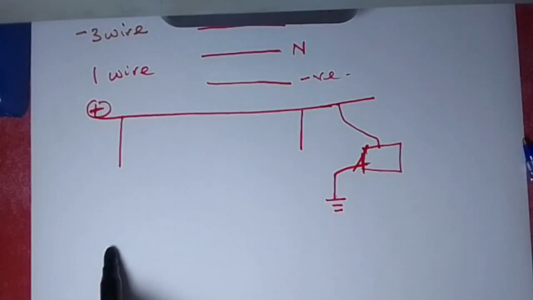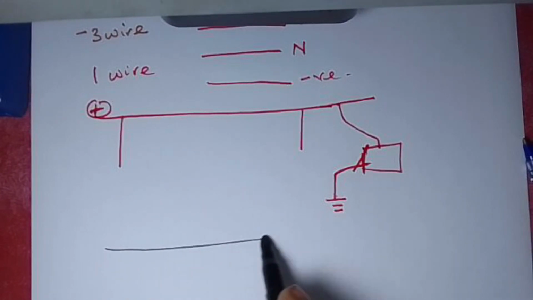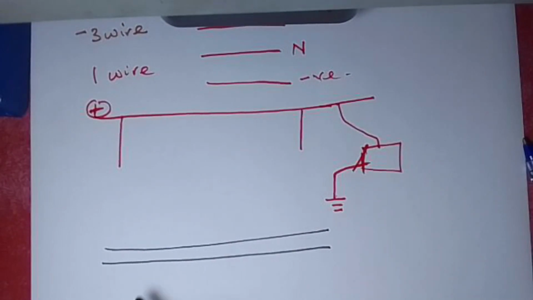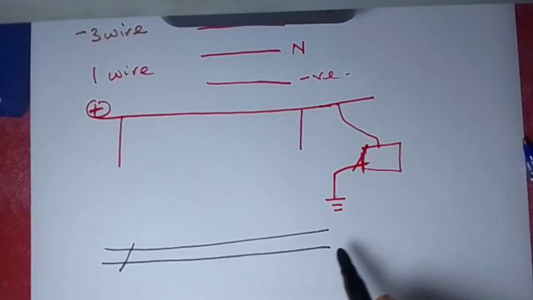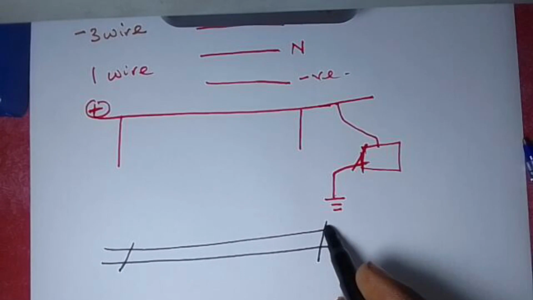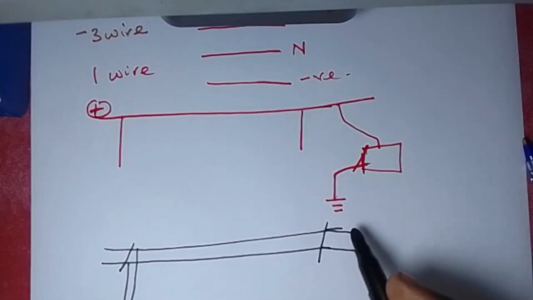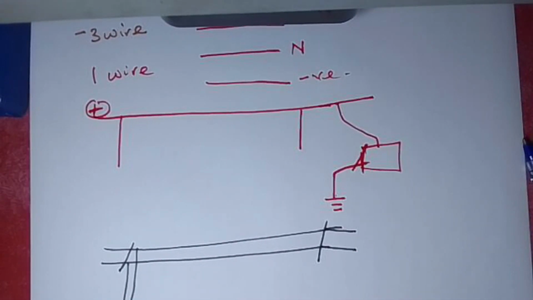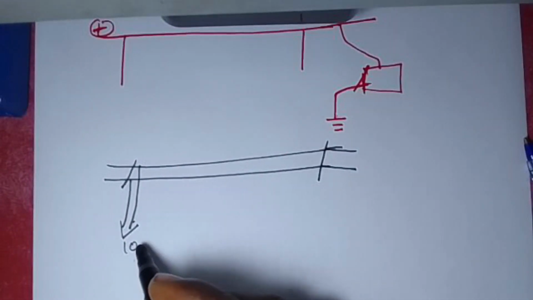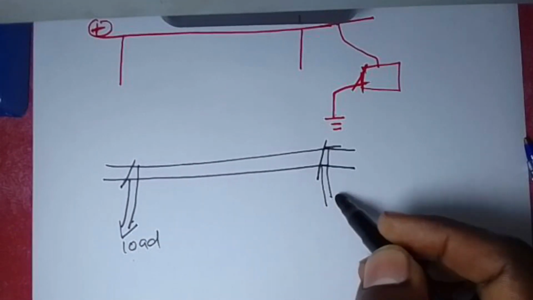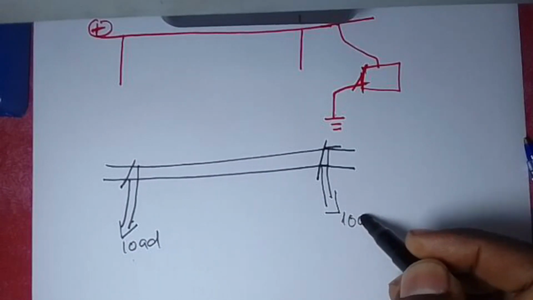And now the basic thing is that when we have a two-wire DC distributor, we expect to calculate for a certain value called the voltage drop. Maybe this is one point and this is another point. And when we reach this point, we are drawing off, picking off and supplying to a particular load. And also at this point we are picking off and supplying to another load.